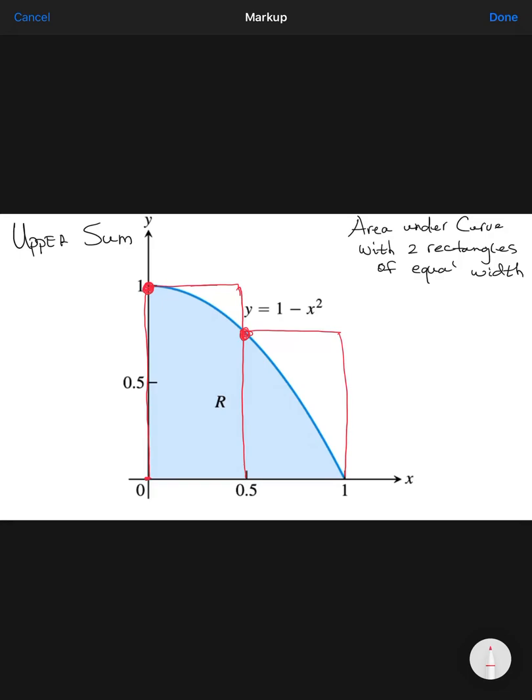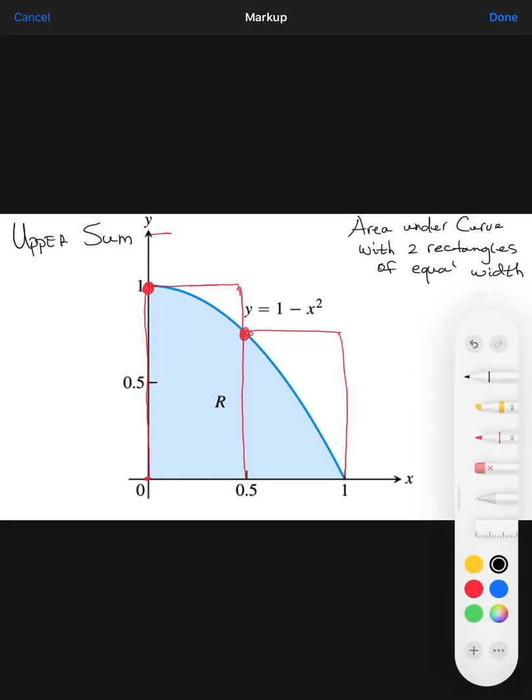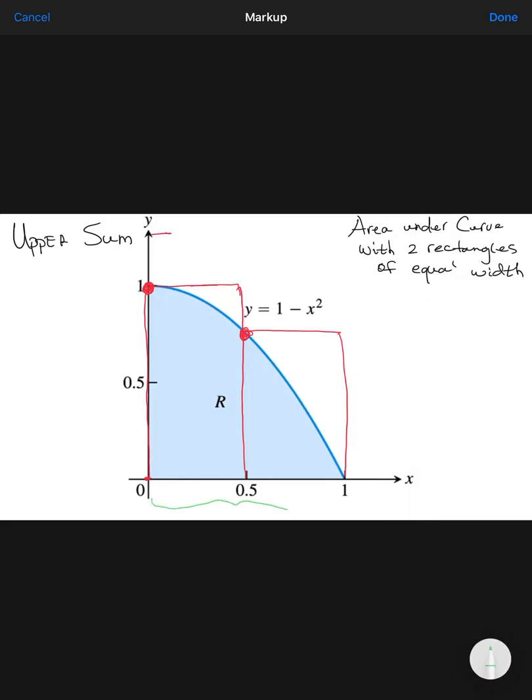You're probably asking how you know where to go, where to stop, where to start. Before we get to that, let's identify the width. You'll be given an interval. Here we're given this interval from 0 to 1.